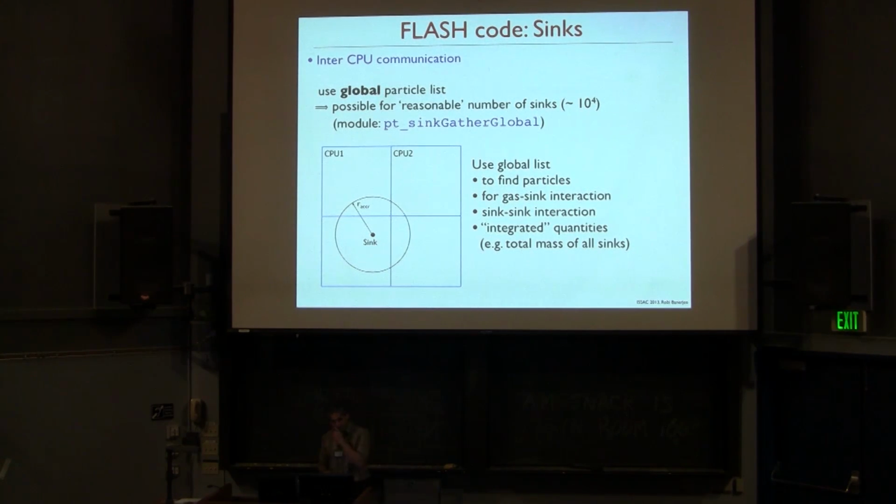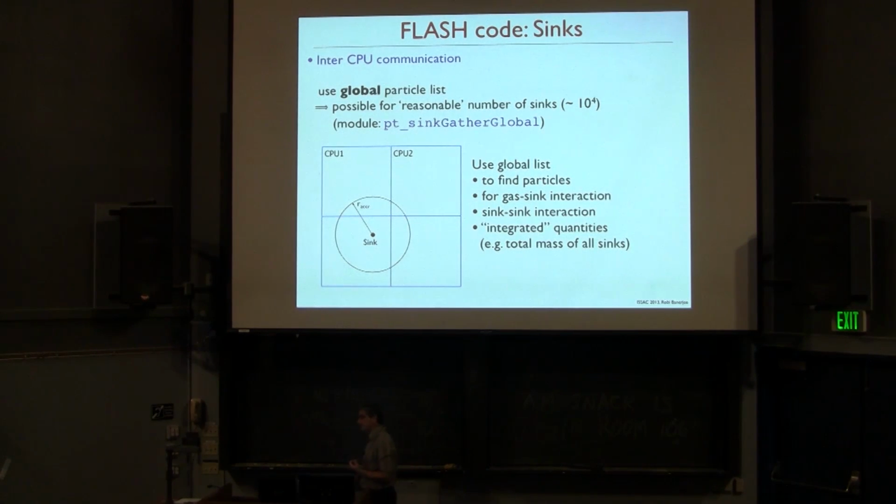As I mentioned at the beginning, there's a global particle list, so you can easily collect the information of all particles on a single CPU core, and that might be useful, for instance, if you want to calculate integrated masses, like the total mass of all the sink particles.